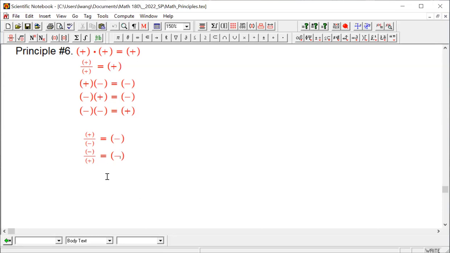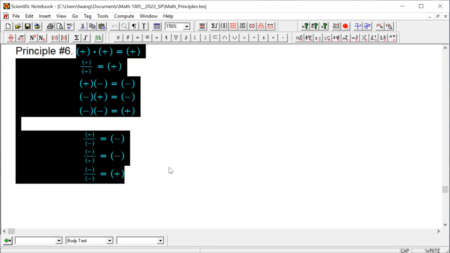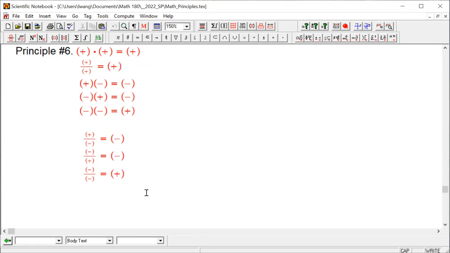So this is too easy for you. How about a negative number divided by a negative number? Negative divided by negative is positive. So all of these together is principle number 6. Do we agree they are self-evident facts? Yes, they are.